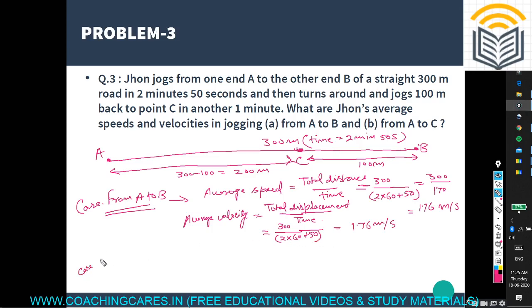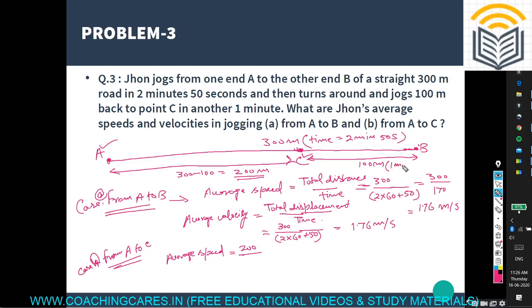Now we take the other case. We were considering case A, this is case B, from A to C. In this we are calculating average speed, with total displacement 200, and the time taken: from the starting point A reaching B first takes 2 minutes 50 seconds, then coming back to C takes 1 minute.